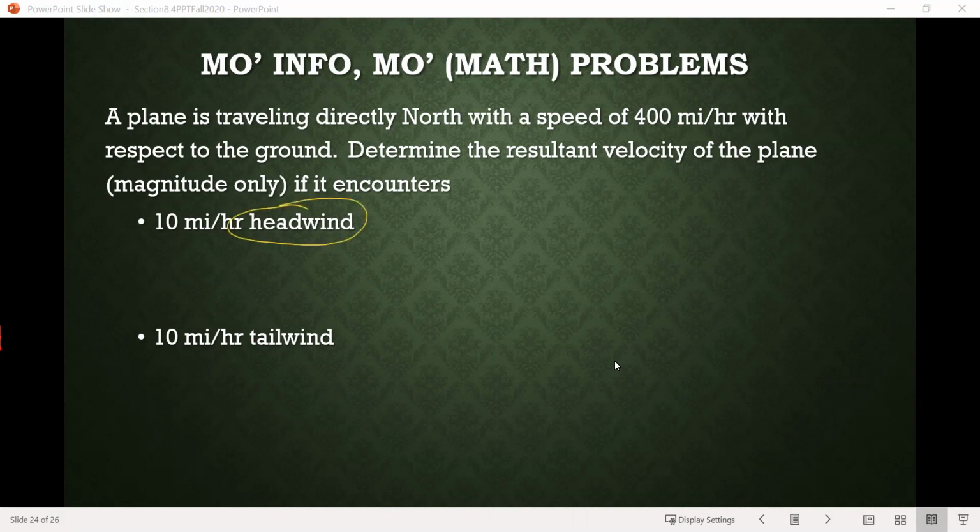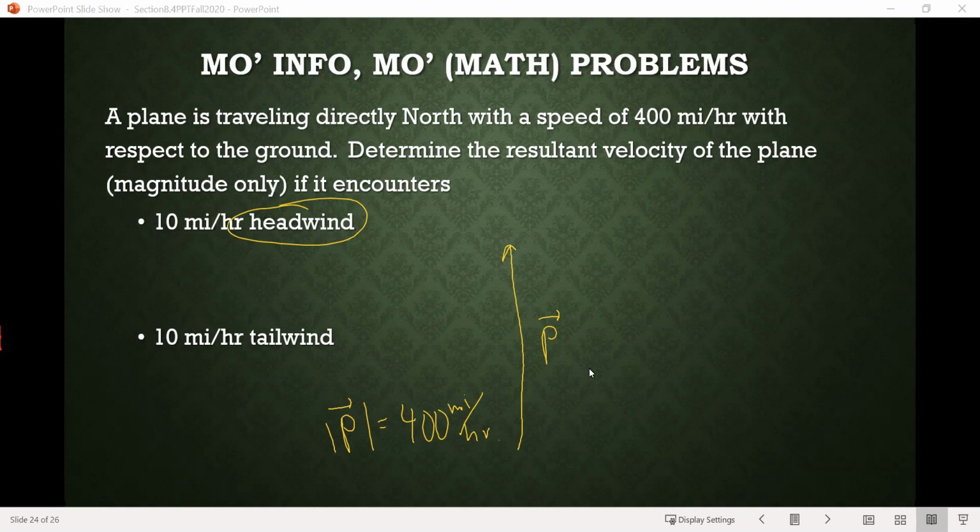So we're going to start with the headwind. We have a plane going directly north at a velocity of 400 miles per hour. I'm going to call this vector P to represent the path of the plane. Then in this case, we know that the magnitude of P is 400 miles per hour. And then we want to draw a vector that represents the headwind.